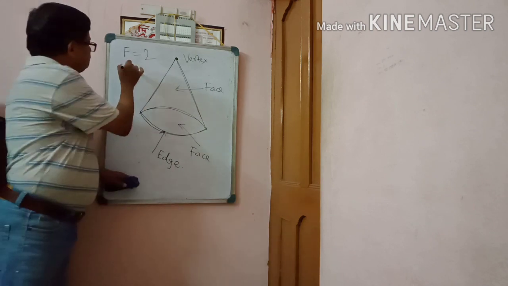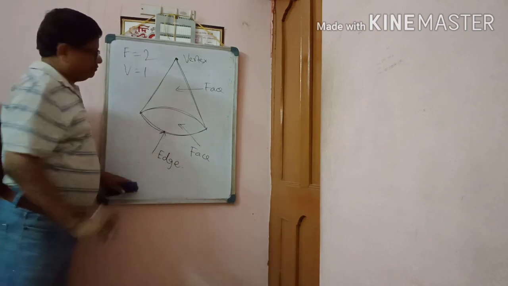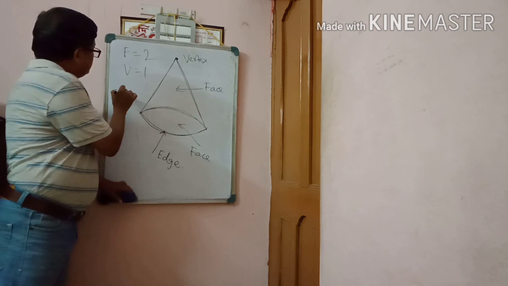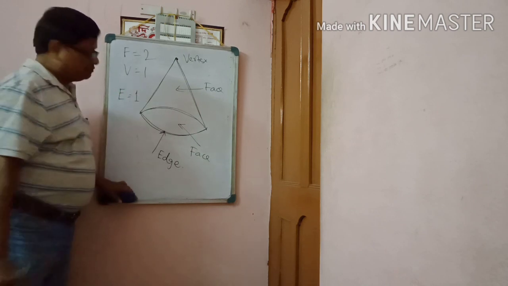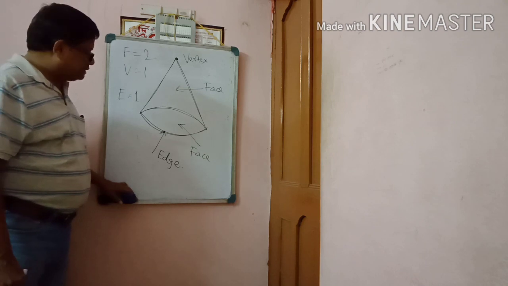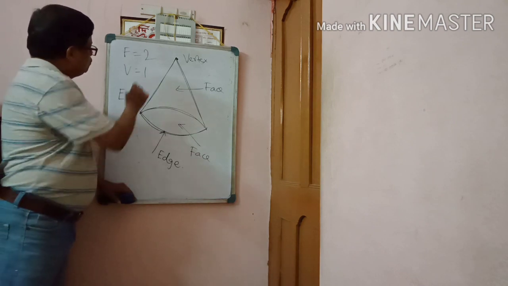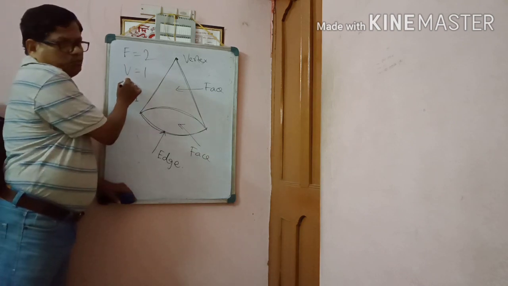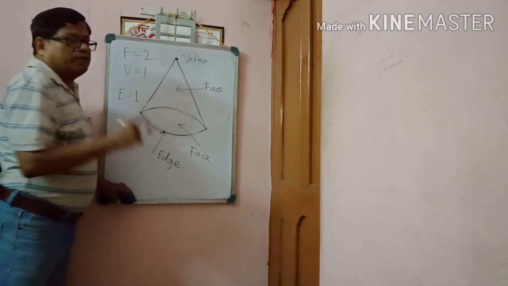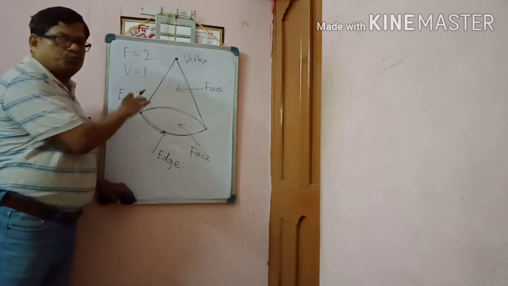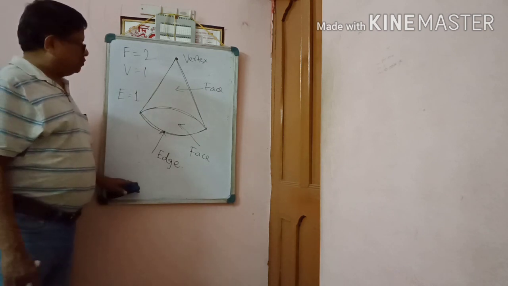Vertex V equals 1. Edge E equals 1. So V plus F is 2 plus 1, and E plus 2 is 1 plus 2, 3. Both are equal.